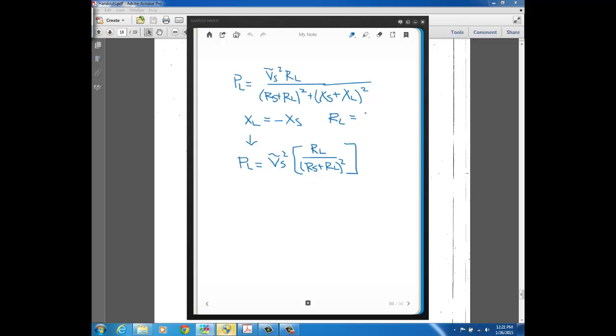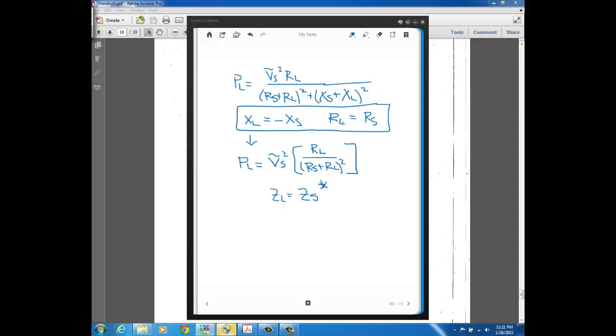Okay, so you see, this is the condition for max power, maximum P average, at an impedance load. You want the resistance of the load to match the resistance of the source, and you want the reactance of the load to be the same magnitude as the reactance of the source but opposite sign. And you can summarize this by saying that you want ZL to equal the complex conjugate of ZS, right?